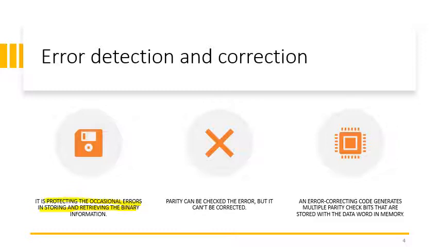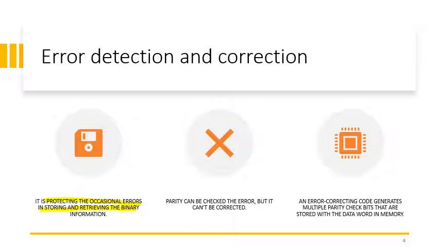As far as parity is concerned, parity is a method of error detection, but single bit parity cannot correct the data. It is only used for detection purposes. In order to correct the data, we have to use multiple parity bits that are stored within the data word in the memory.